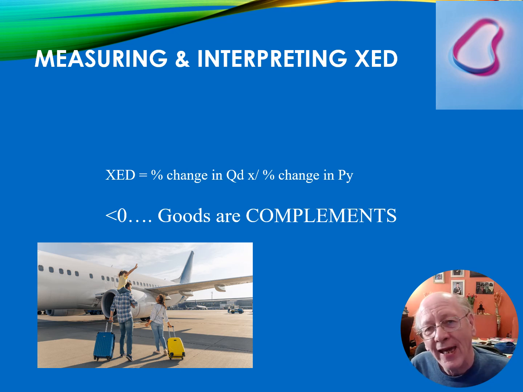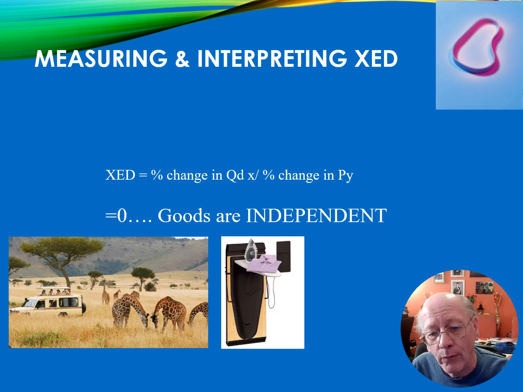So our increase in demand is caused by a decrease in the price of foreign holidays. So that's a plus over a minus. If we divide a plus by a minus, we get a minus. So if we see on a calculation a minus sign, then there's a fair chance that the two goods are complements.